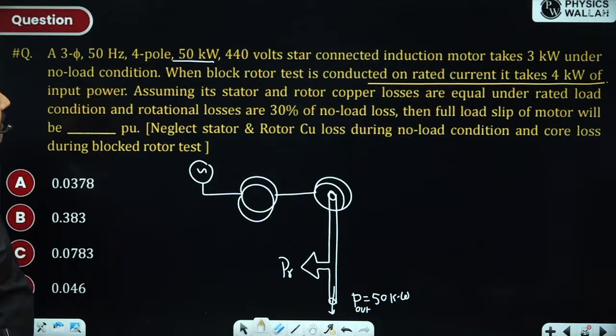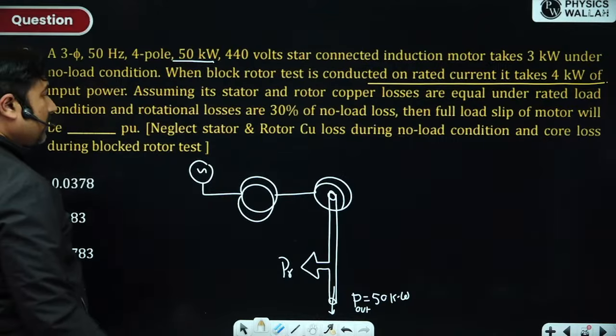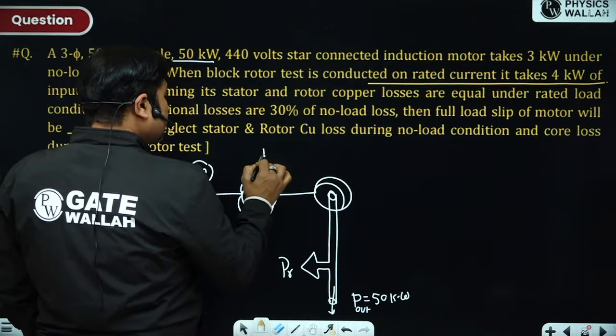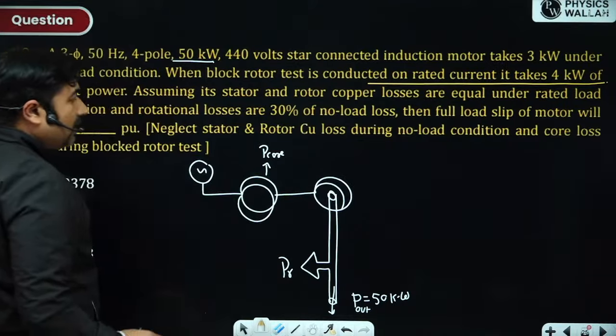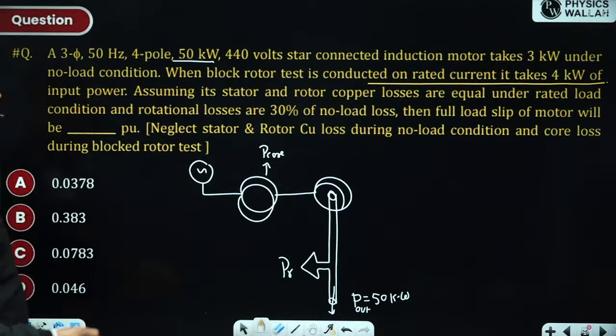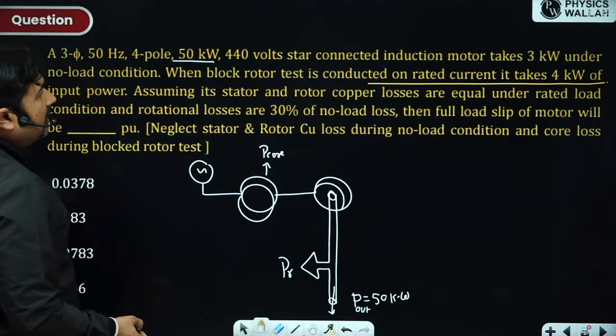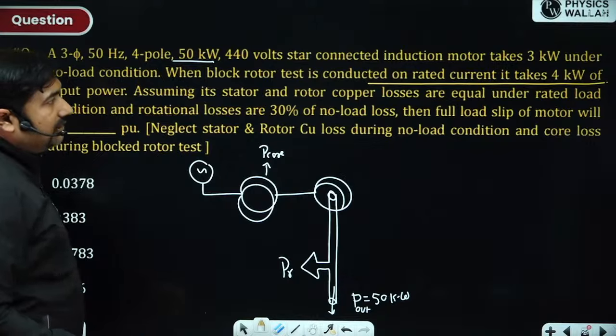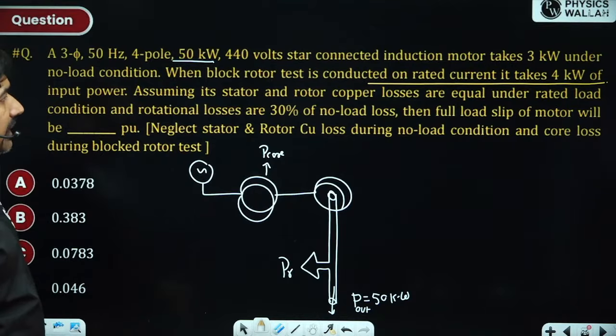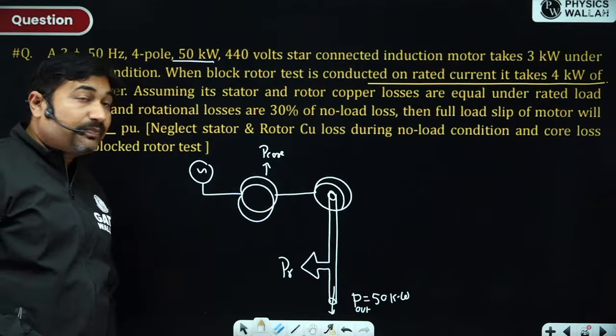Given that the star connected induction motor takes 3 kilowatt under no load condition, what are the losses under no load condition? Core loss and rotational loss. Further, the block rotor test is conducted at rated current, so it gives rated copper loss.